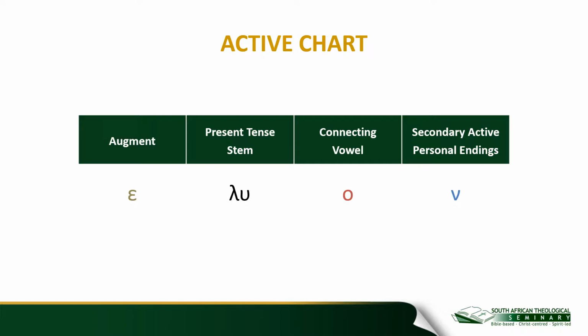Thus we get e plus lu plus o plus n, elyon. This would be the imperfect active indicative first person singular, I was loosing. So the present tense stem, then we add the augment in the front and the connecting vowel and secondary active endings to build the imperfect active indicative.